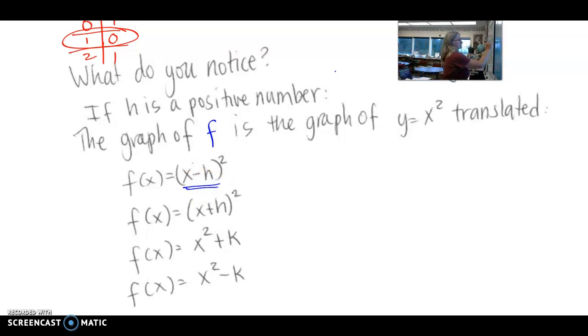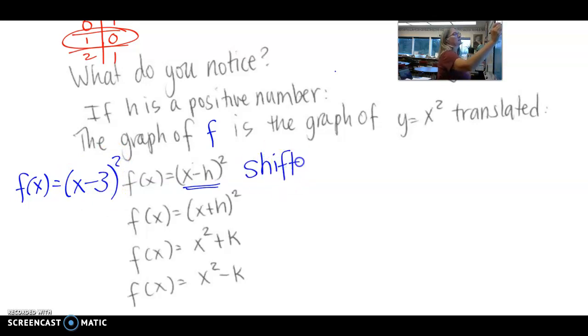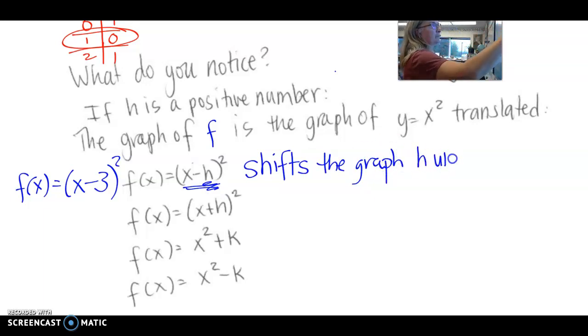So an example would be if you had f of x equals x minus a positive number 3, it's going to shift the graph. In general, instead of 3, we have h, shifts the graph h units to the right.